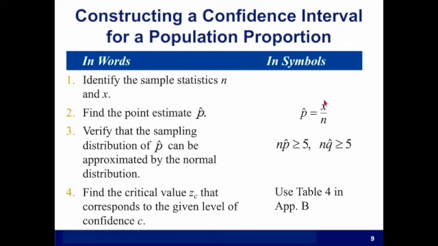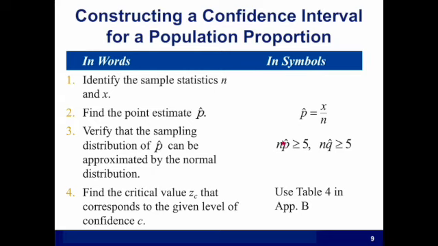Then you need to verify that the sampling distribution of the sample proportion can be approximated by a normal distribution. The conditions are here, and they are pretty similar to the conditions we used when approximating a binomial distribution with a normal distribution.